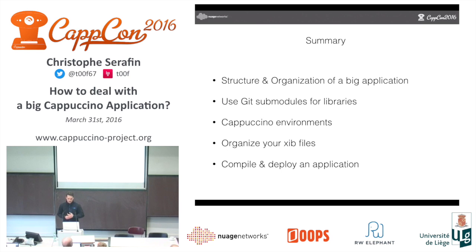We said this morning that we have a lot of zip files, so I will speak in more detail about how we organize them and what we have done to avoid loading all the zip files. Finally, I will go through the compile and deploy part of the application to present the Cappuccino toolchain. It's not in my summary, but I also added a few tips that I collected during this day.